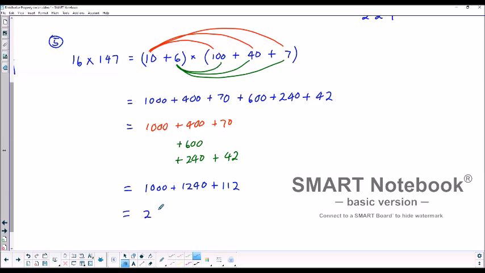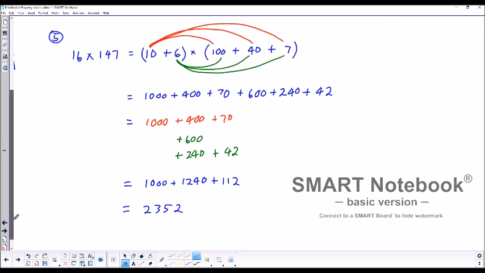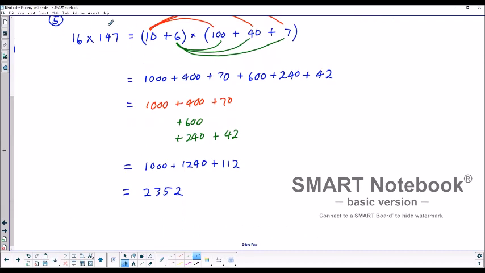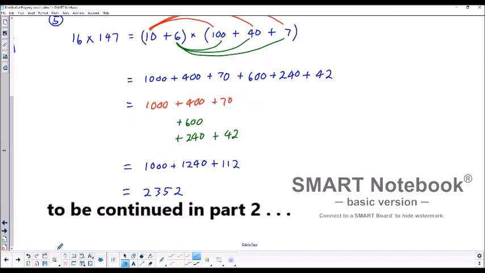So we get 2,352. Okay, so if you multiply 16 times 147, you should get 2,352, unless, of course, I have made a mistake, which is quite likely. Okay, so I'm going to use this same format, and I'm going to move on to using a bit of algebra.